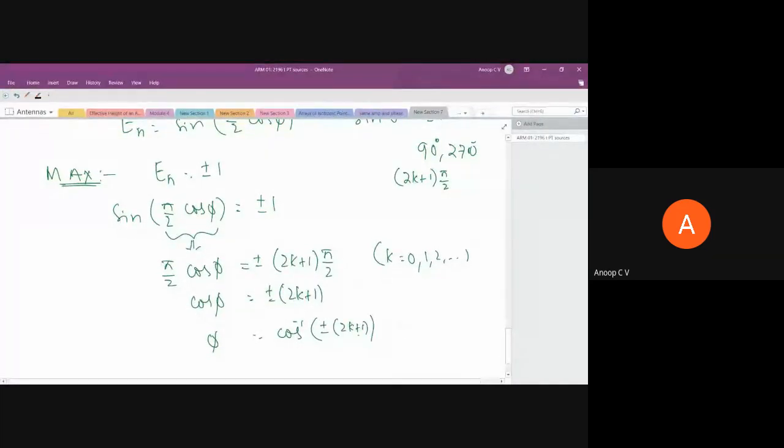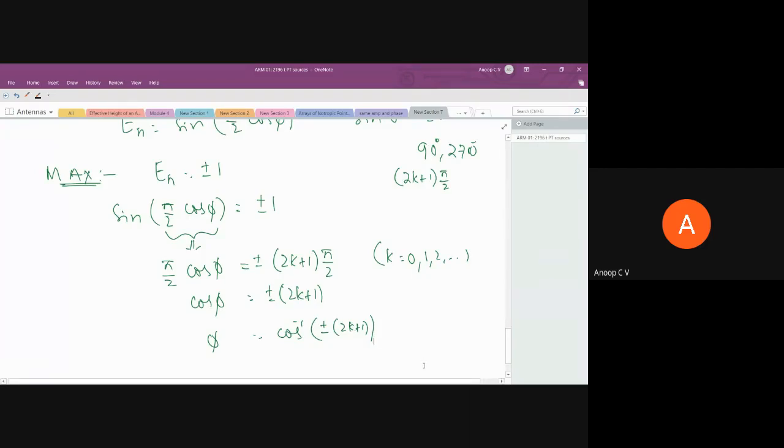Now we have to see for which values of k the argument of cos inverse is within the limit. The argument of cos inverse should be within minus 1 and plus 1. The magnitude of cos theta can be maximum 1, it cannot be more than that. So if you substitute k equal to 1, it will become 3, so that won't be a valid case.